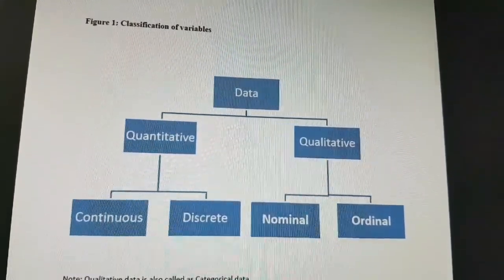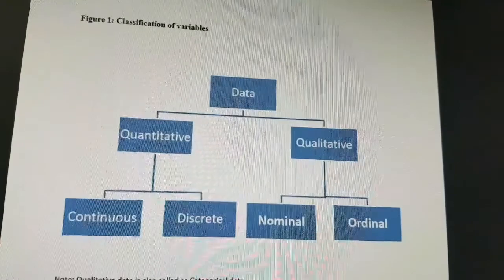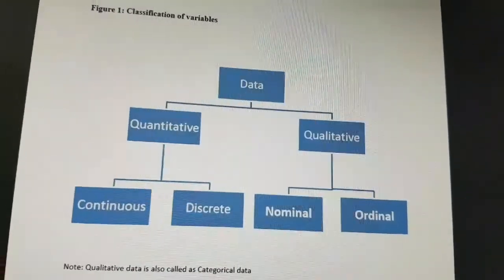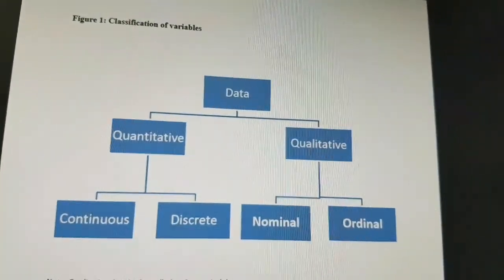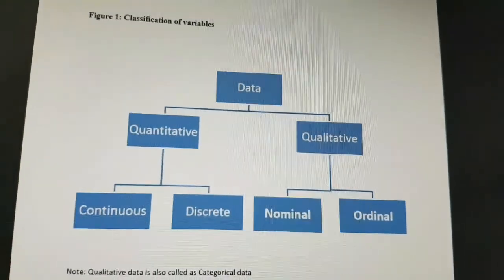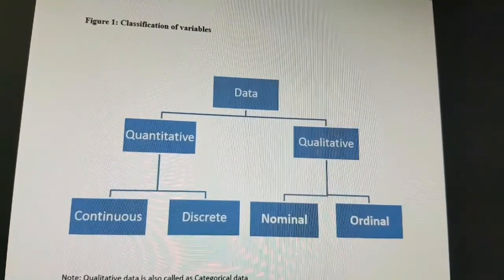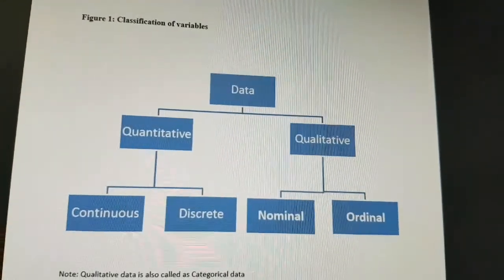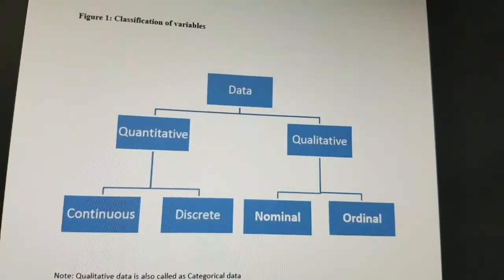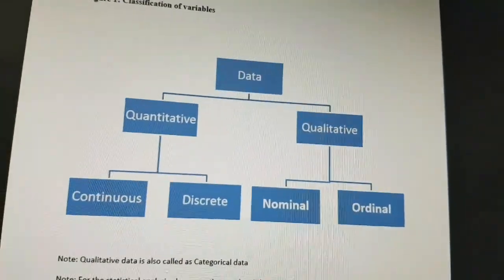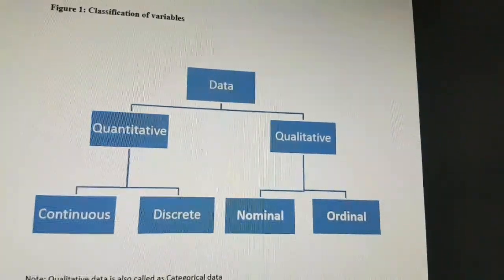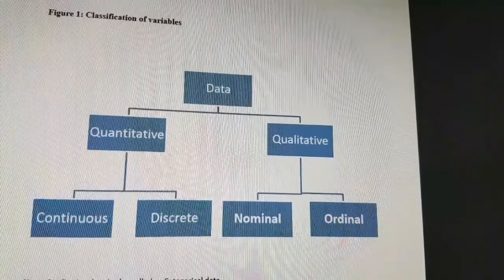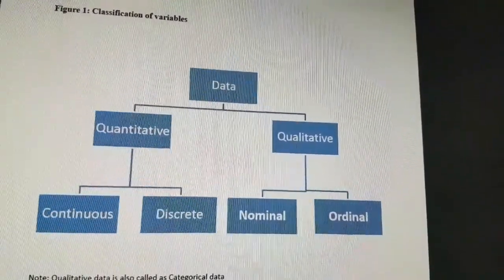For example, gender. There are two possibilities for gender, one is male, another one is female. But here there is no standard order to represent this gender distribution. We can write male first and female second, or female first and male second. So there is no particular order to present this data.